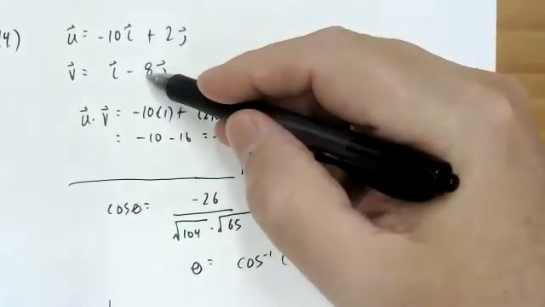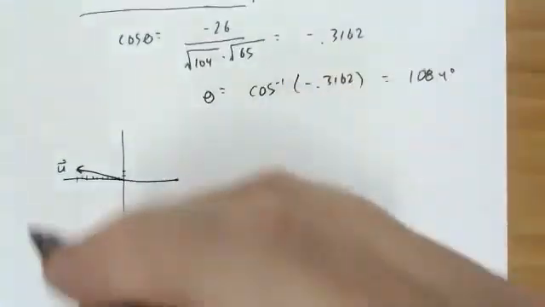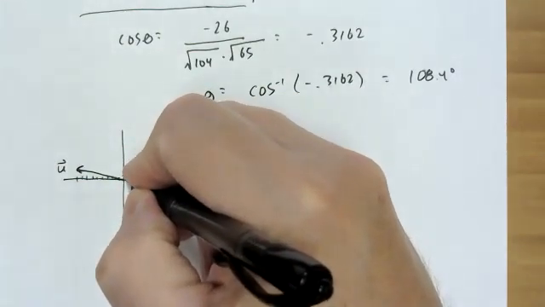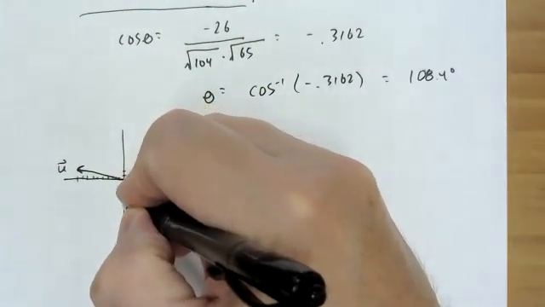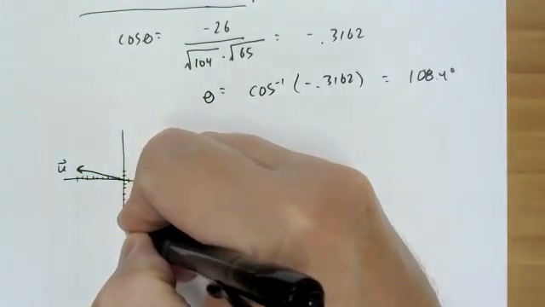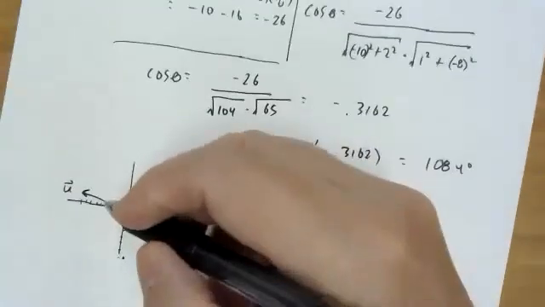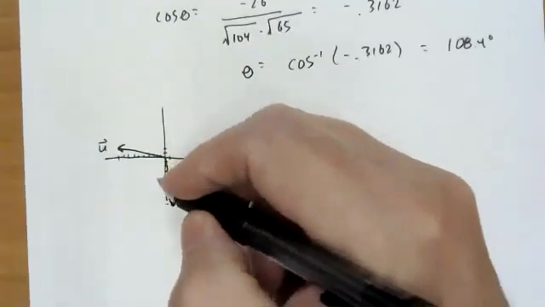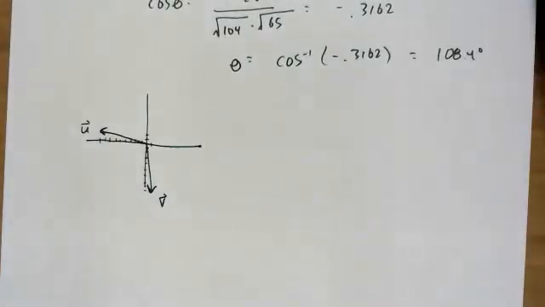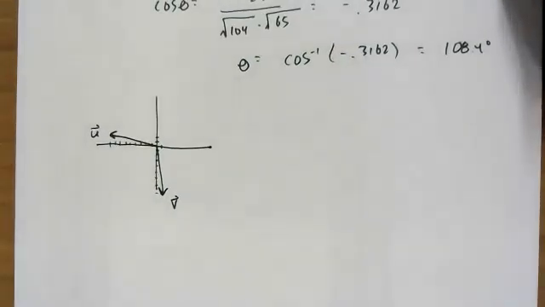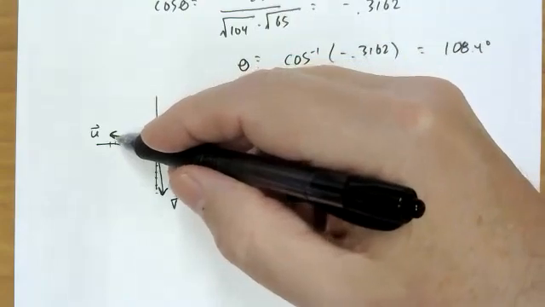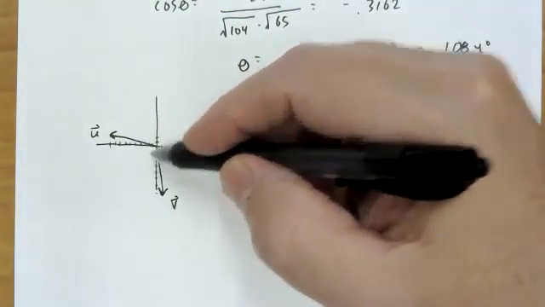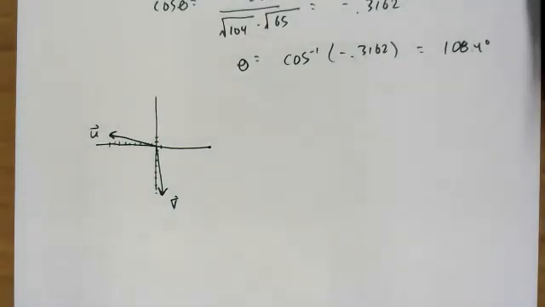Then vector v is i minus 8j. So 1, then 1, 2, 3, 4, 5, 6, 7, 8. So obviously 90 degrees would make this the right angle. So it's bigger than 90. So 108.4 looks pretty reasonable.